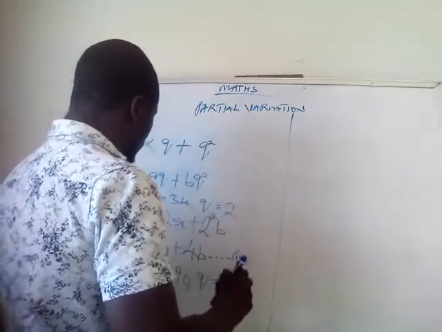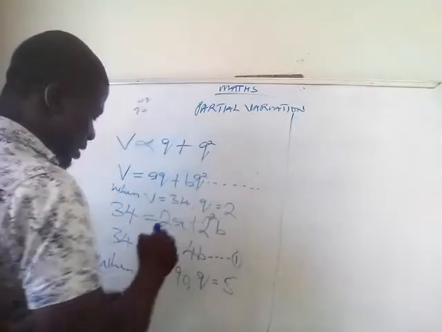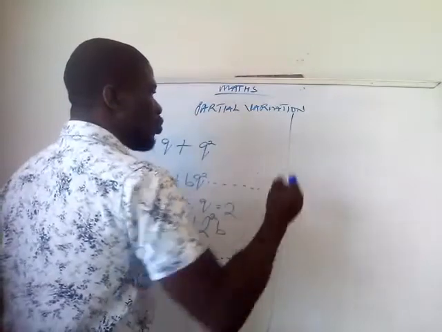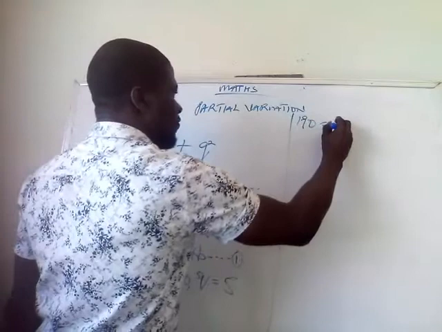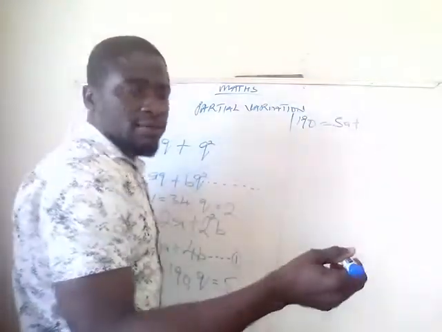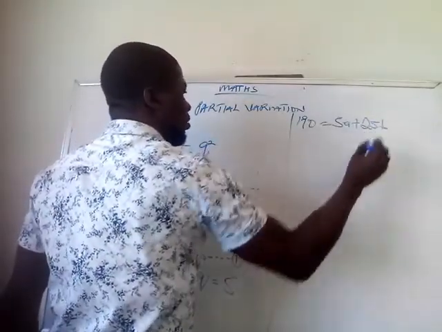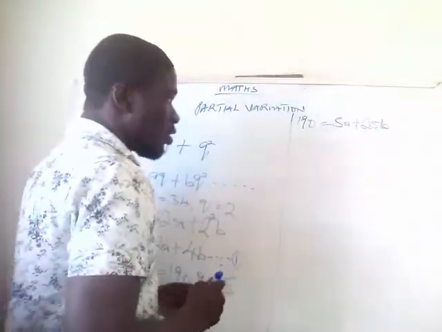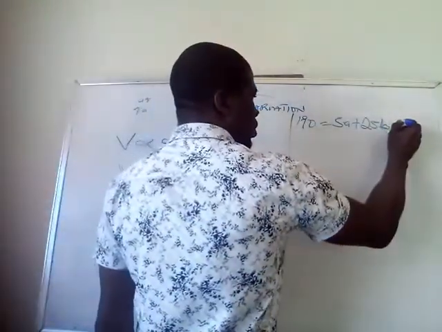Wherever you see v, you put 190. 190 is equal to 5a plus 5 squared, which is 25, so 25b. So at this point, we have been able to establish two equations.